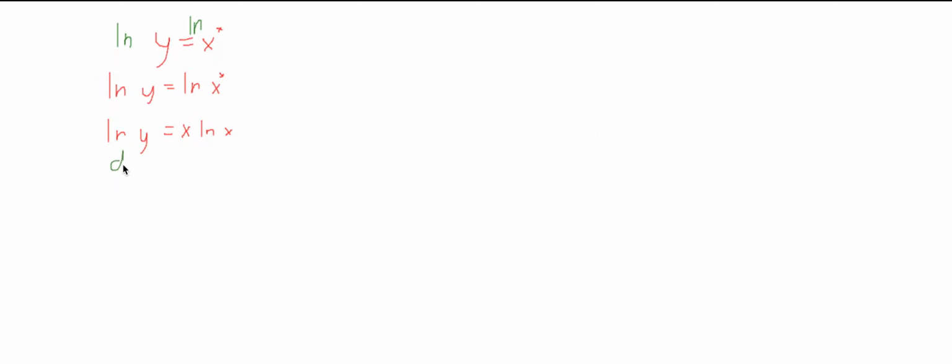So this will be dy dx times 1 divided by y equals, now here we got x times the ln of x. We're going to use the product rule. So we got x times 1 divided by x plus, now x's derivative is 1, so we're just going to put ln of x here.